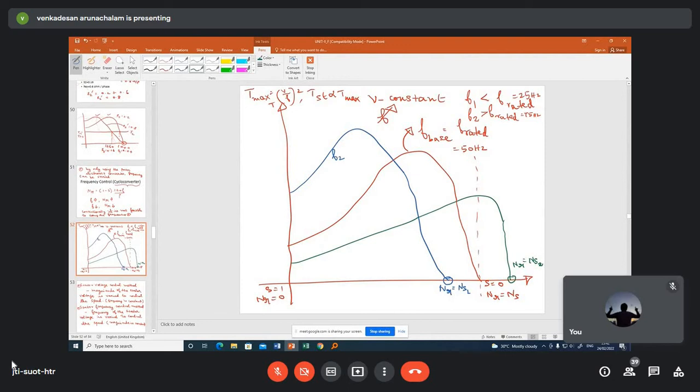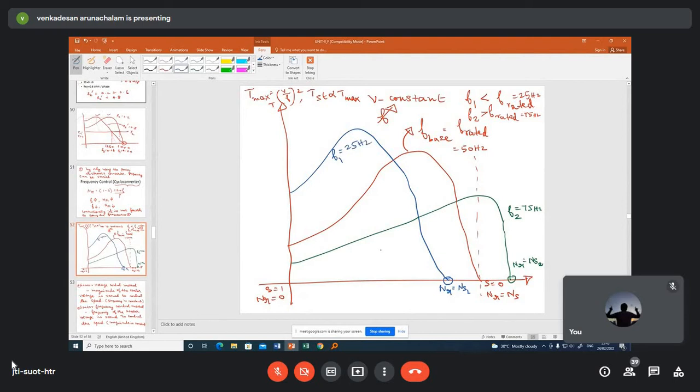So NS2, that is the synchronous speed, corresponds to 75 Hz, and NS1, that is the synchronous speed, corresponds to 25 Hz, and NS, that is the synchronous speed, corresponds to 50 Hz. So here, this is for frequency F2, this is 75 Hz. This is for frequency F1, that is 25 Hz.